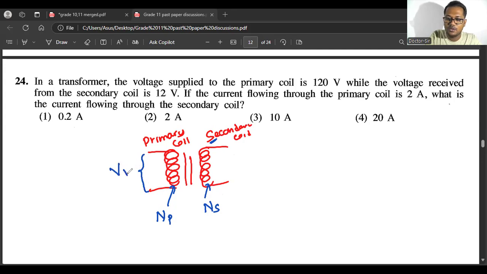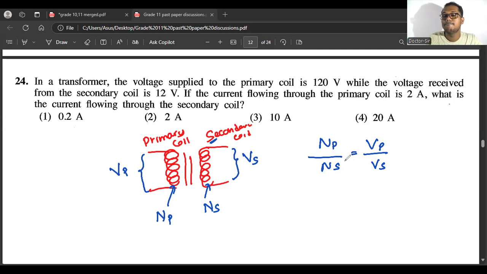I will take it as VP, and here the potential difference I will take as VS. Now we have a formula: NP divided by NS equals VP divided by VS. That depends on the number of coils.